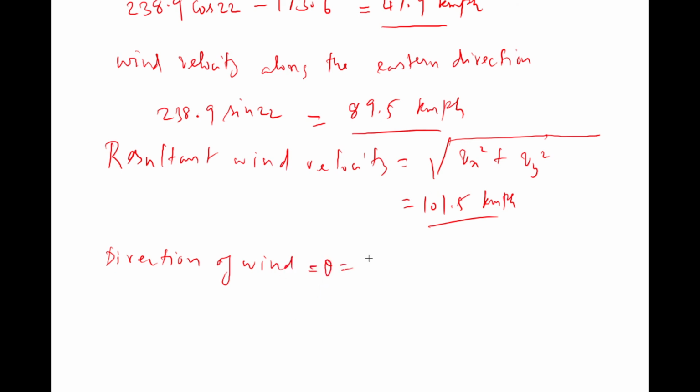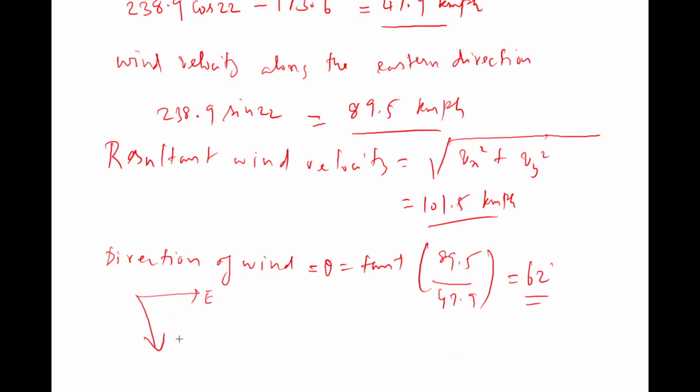theta. Let's call that theta, tan inverse of these two components, that is 89.5 first, then 47.9 the other one. So 89.5 over 47.9, that would be 62 degrees, and since it is blowing like this, it is 62 degrees south of east.